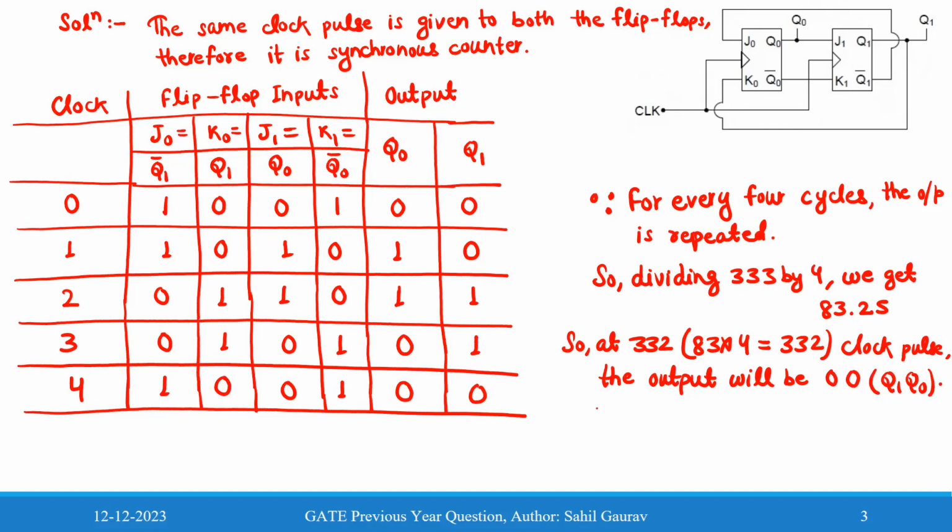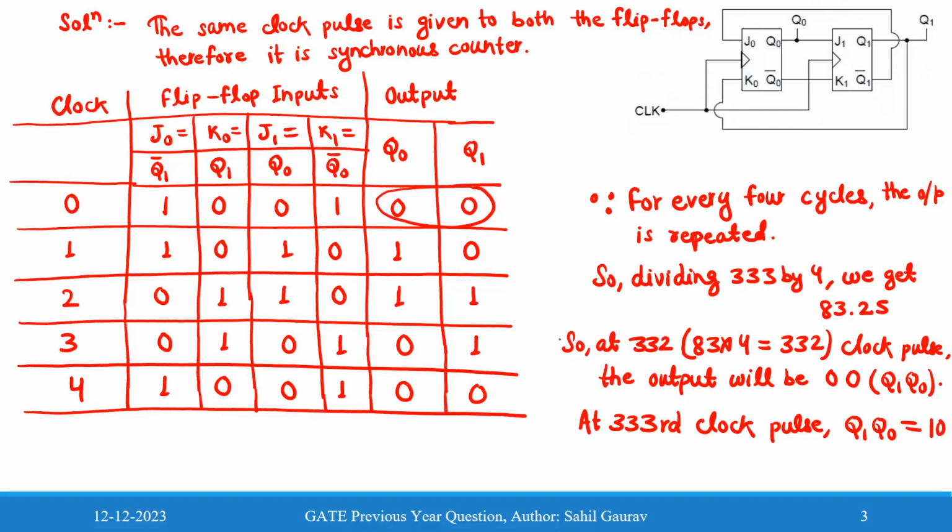So at the 333rd clock pulse, Q1 Q0 will be, so after this Q1 and Q0 we can say that it will be 1 0.